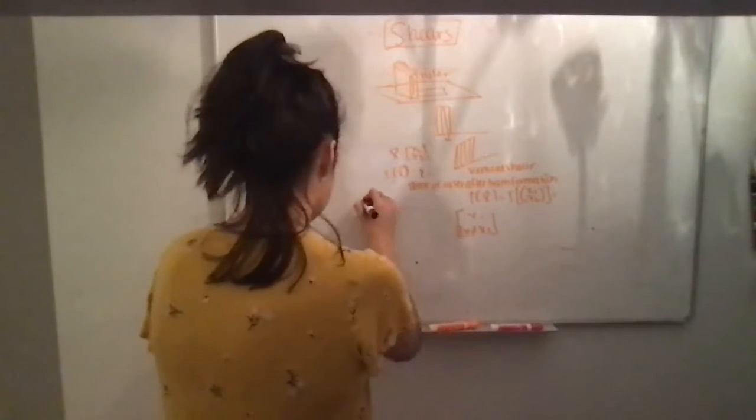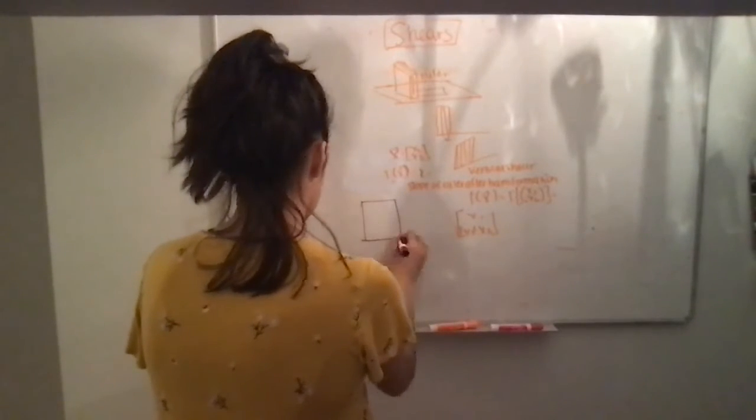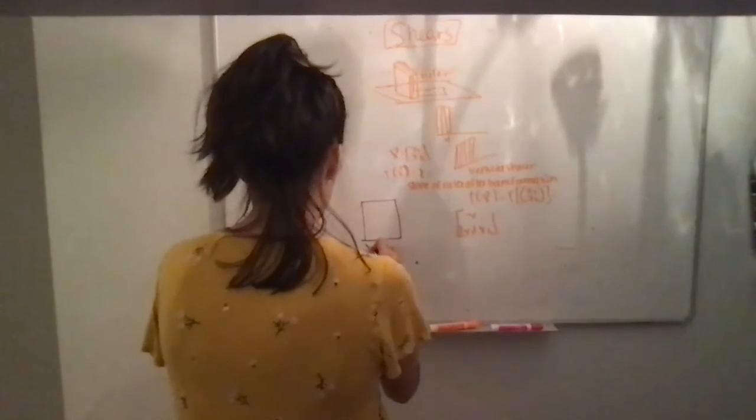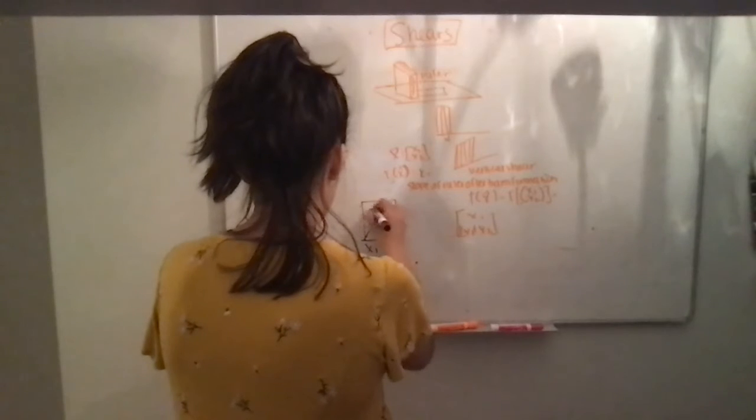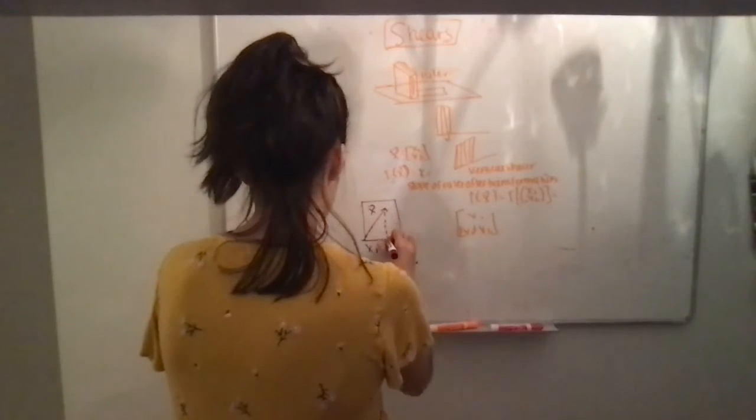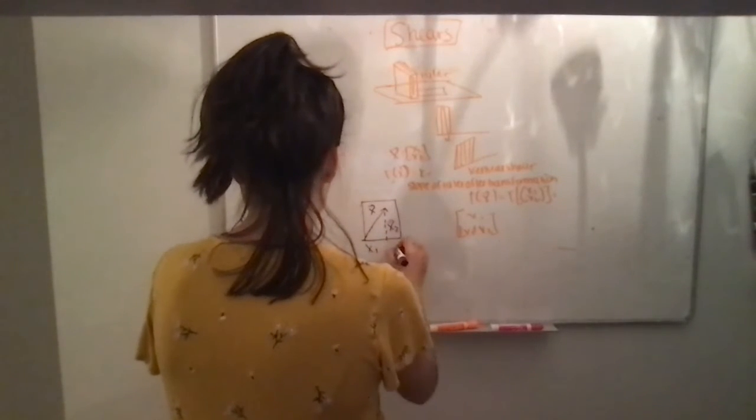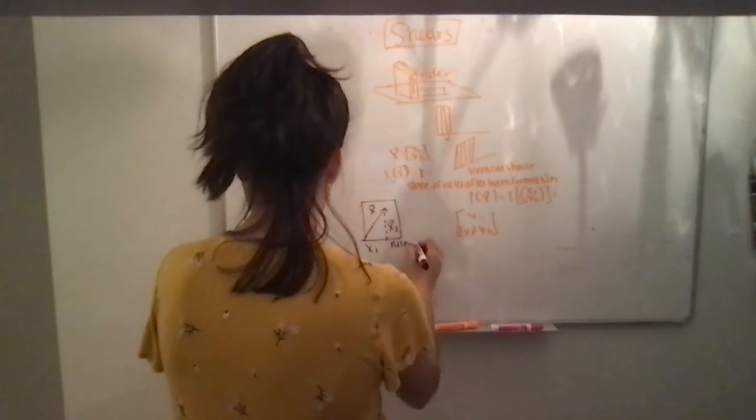Where we've got x1, vector x, x2, and this here is the ruler.